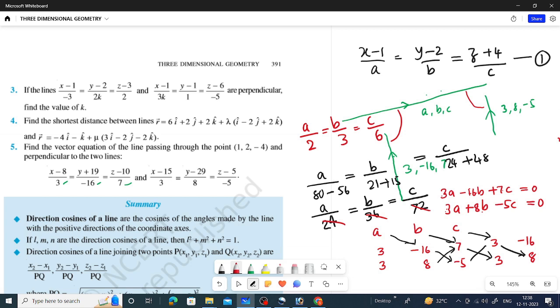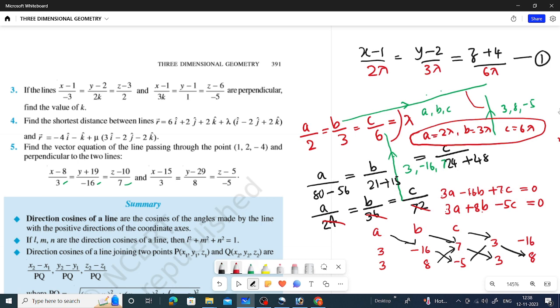Now we write some lambda. a is equal to 2 lambda, b is equal to 3 lambda, and c is equal to 6 lambda. So we got the values like this, and we replace here with 2 lambda, 3 lambda, and 6 lambda.